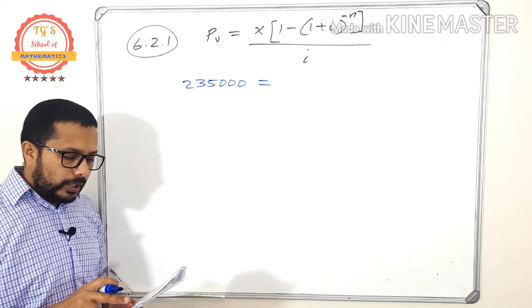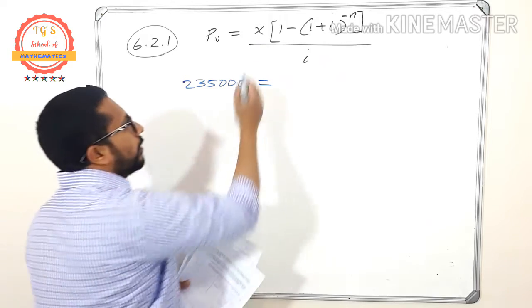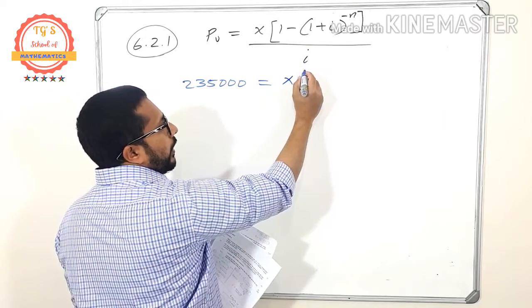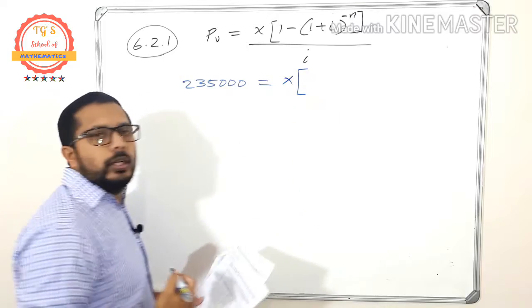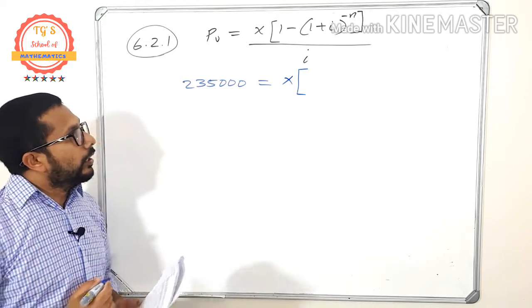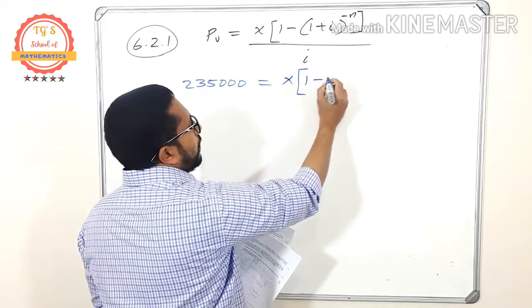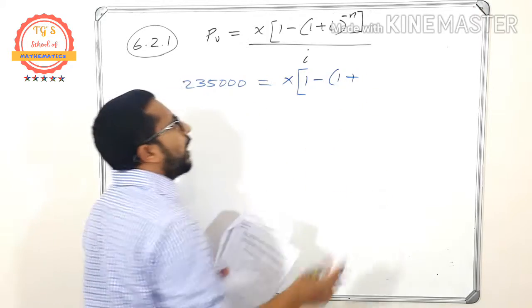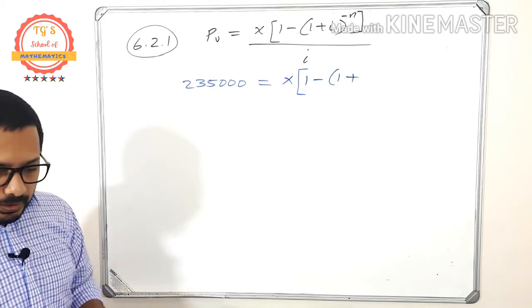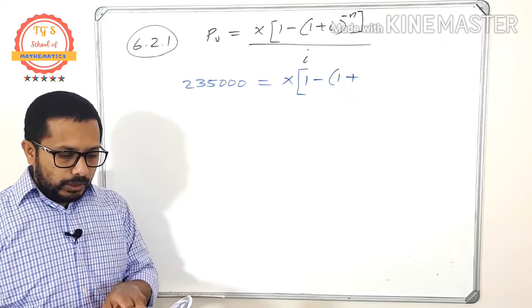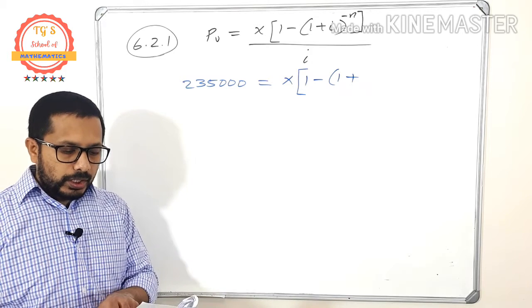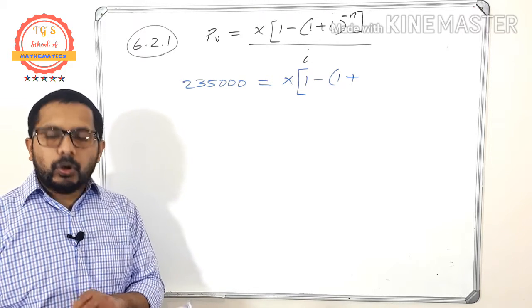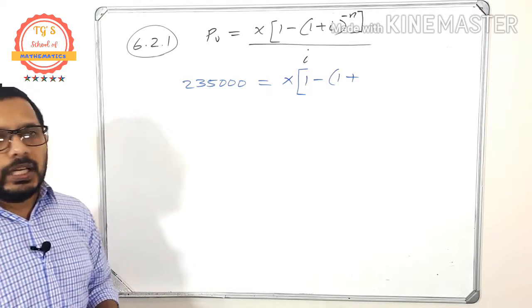Calculate Payat's monthly installment. So it means that you have to find x, which stands for the monthly installment, times 1 minus 1 plus I. What is the interest rate? Look at the question once more. The bank charges interest at 11% per annum compounded monthly.